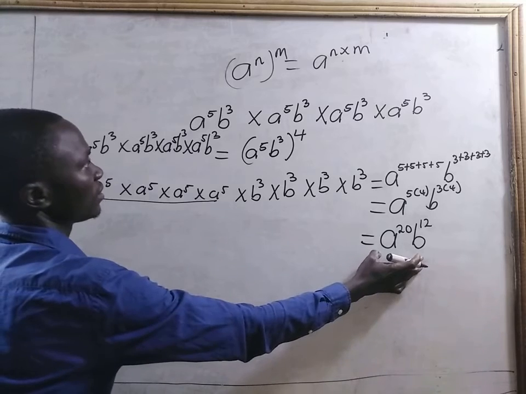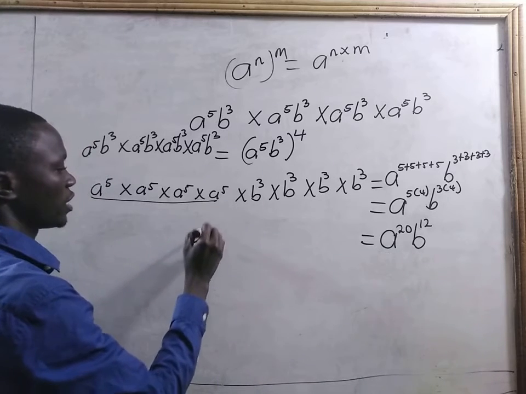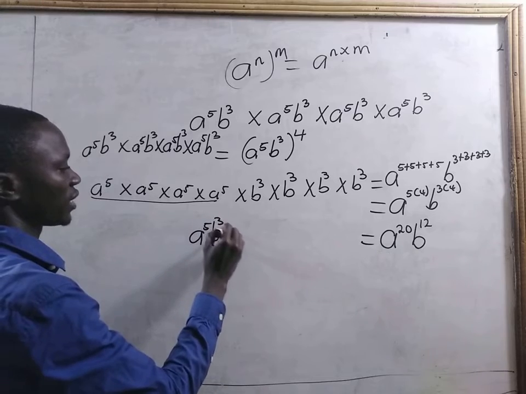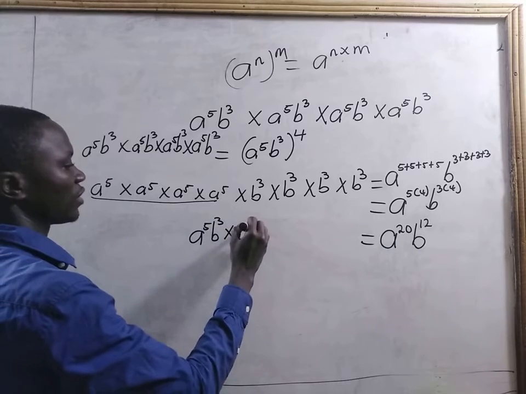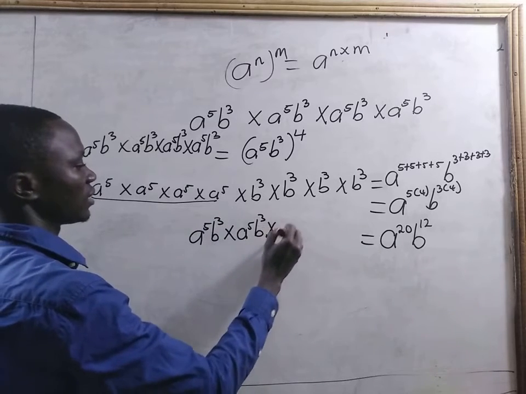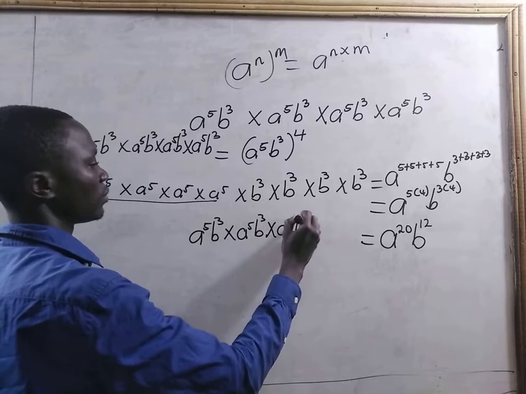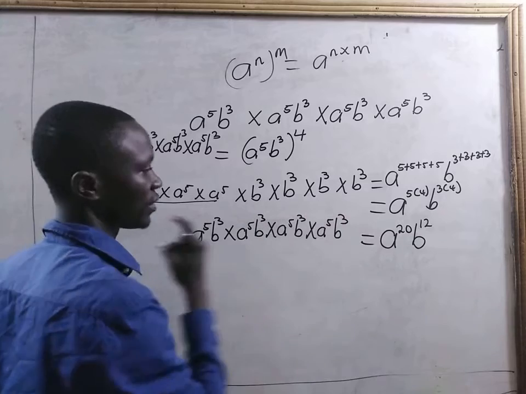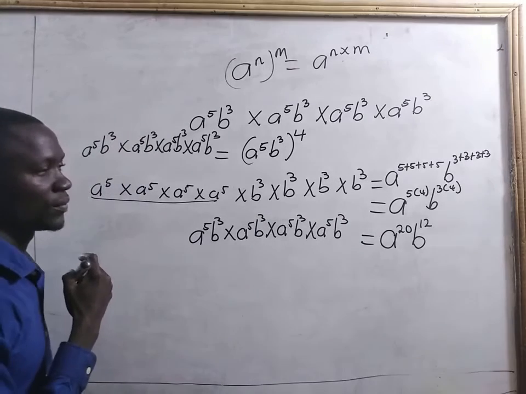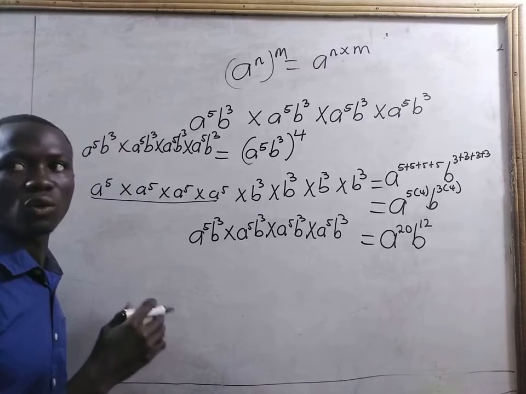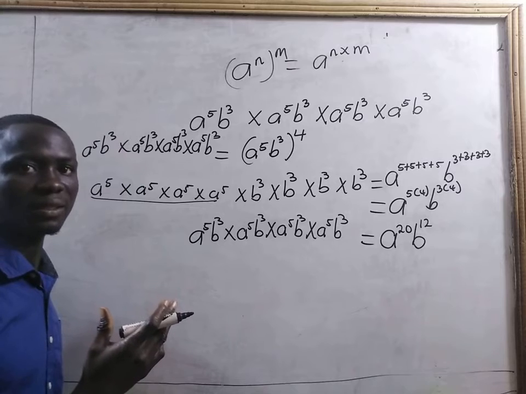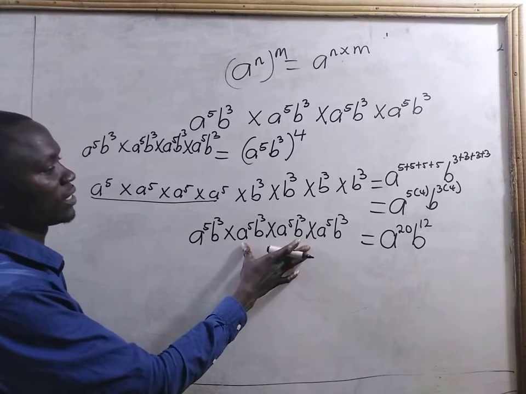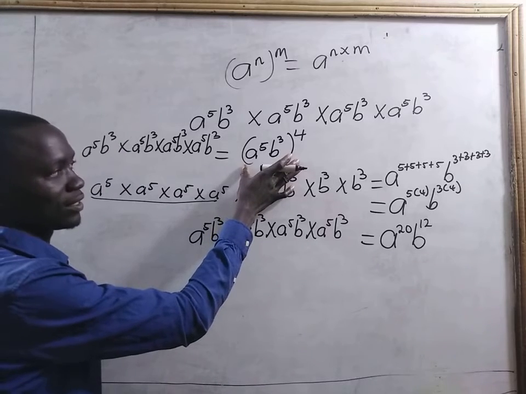So this equals a exponent 5 b exponent 3 times a exponent 5 b exponent 3 times a exponent 5 b exponent 3 times a exponent 5 b exponent 3. But we've also seen that this equals that.